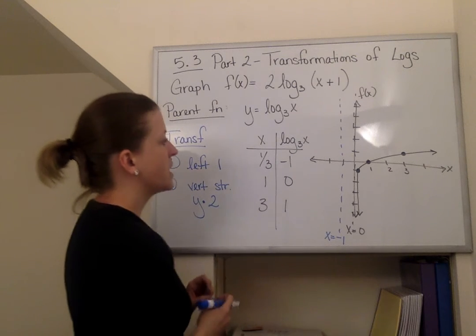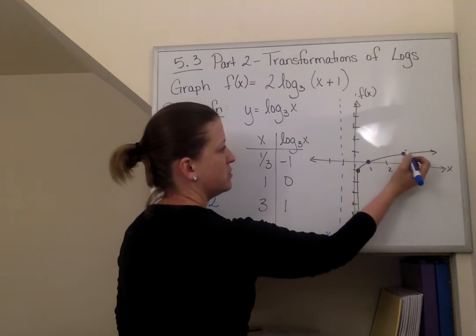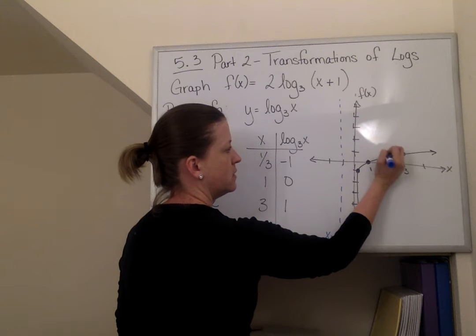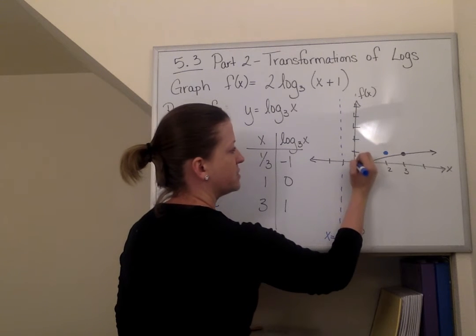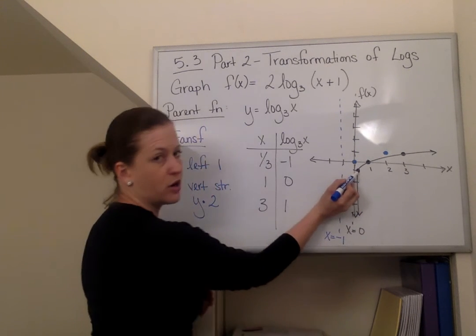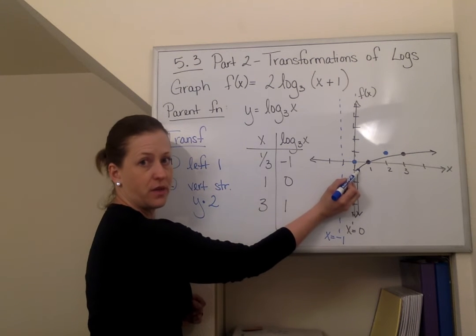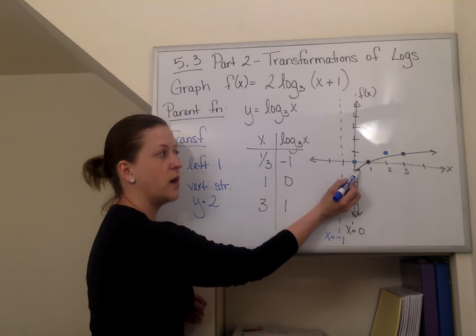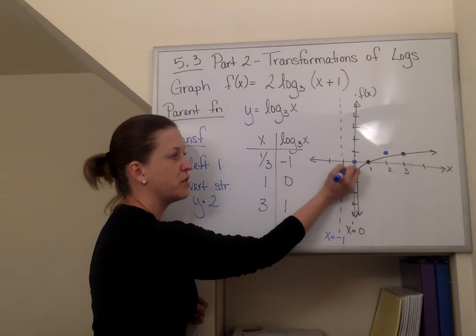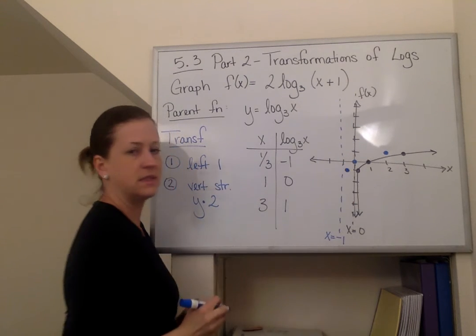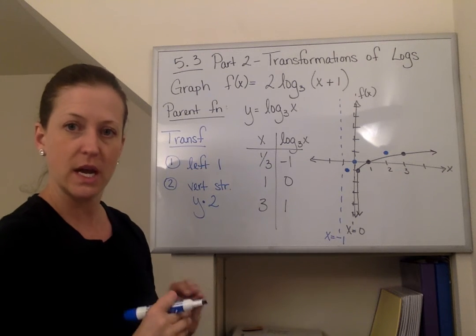Okay? And then if I take each point, move this one to the left 1, this one to the left 1. Be careful here because this is a fraction. So your x value was 1/3. If you subtract 1 from 1/3, that's -2/3. So it still is a fraction. So just be kind of careful there.